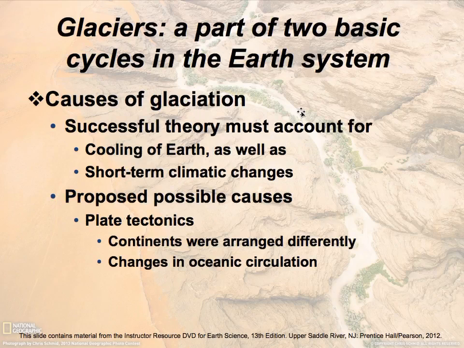The causes of glaciation are numerous, and again, we're getting into the system science of it. Feedbacks are quite important, both negative and positive feedbacks. But a successful theory to explain glaciation must account for the cooling of the Earth as well as short-term climatic changes that occur before, during, and after ice ages.